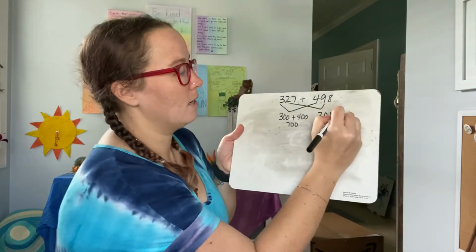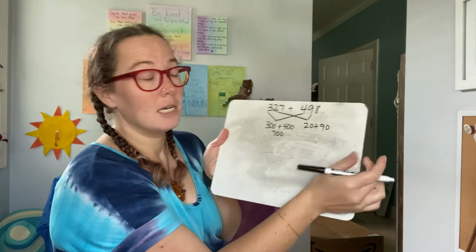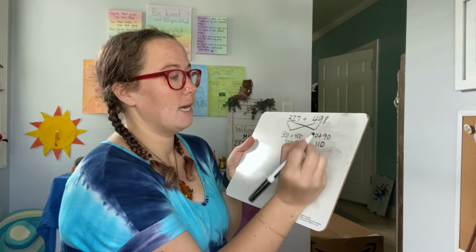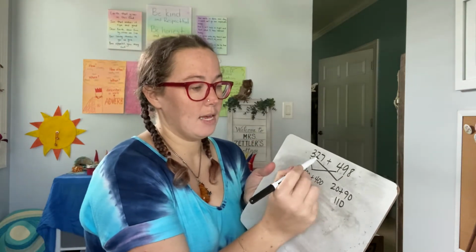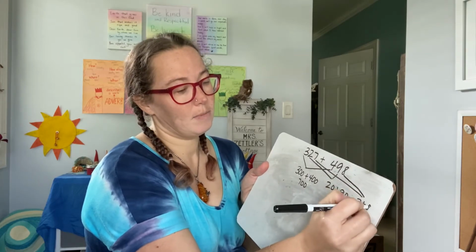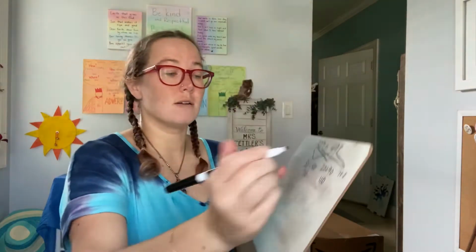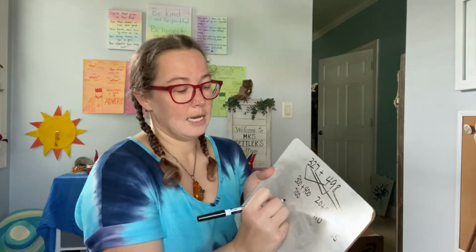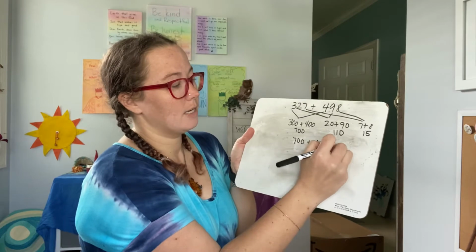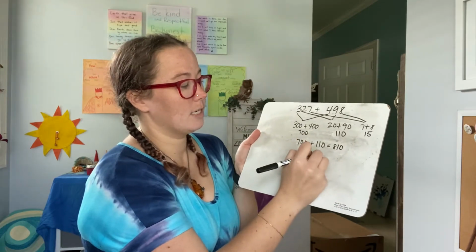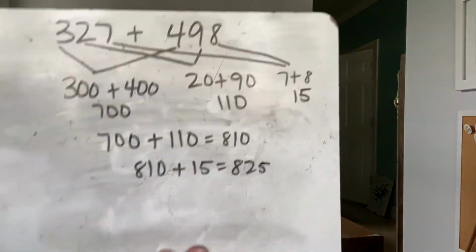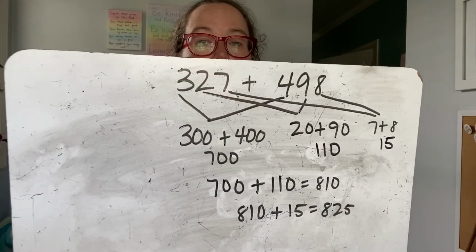So 20 plus 90 is going to give me 110, okay? And then I can pull my ones here, 7 plus 8, it's going to give me 15. And then I would add my 700 plus 110 equals 810, and then 810 plus 15 equals 825. So that's another way to do it, okay?